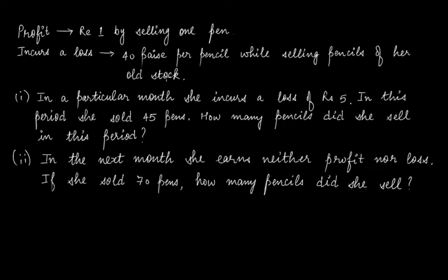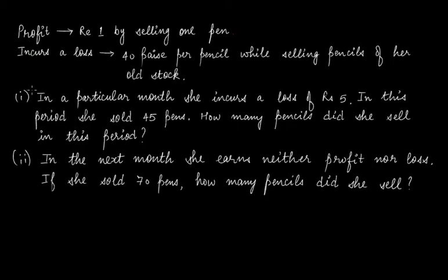But in order to clear the old stock, unwillingly you have to sell it at a lower price, and that's why you are incurring a loss of 40 paise. Okay, so with a pen you are making a profit of rupee 1, but with one pencil you are incurring a loss of 40 paise.